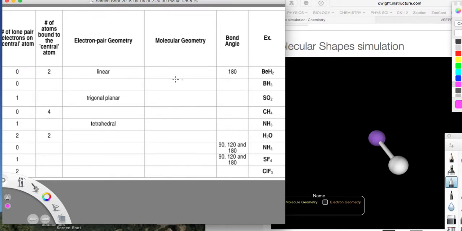There's 0. So what does that mean, a lone pair electron on a central atom? Well, lone pairs are what we drew in the little Lewis dot structures. Those little dots that you have on the atom. Let's say that you have H2O.